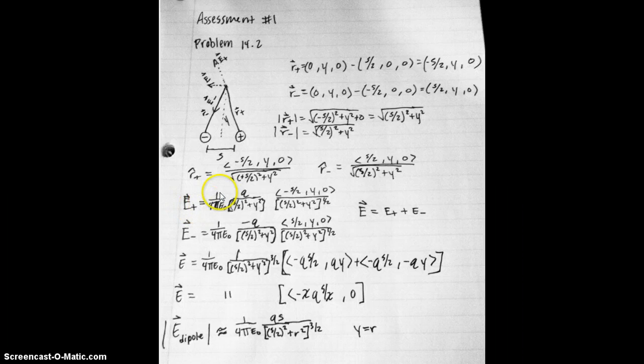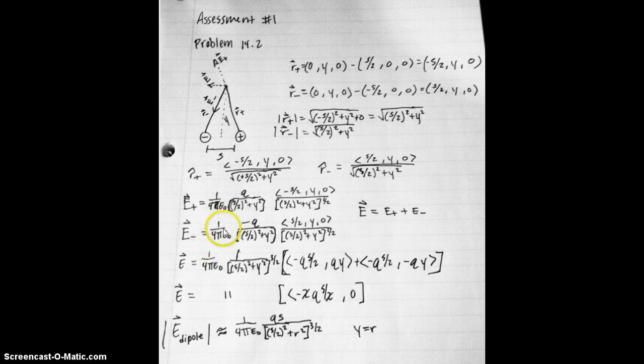So right here you would put 1 over 4 pi epsilon naught. You have your charge, which is positive, so it's positive Q, over your R. This is the magnitude of R, positive, times your R hat.